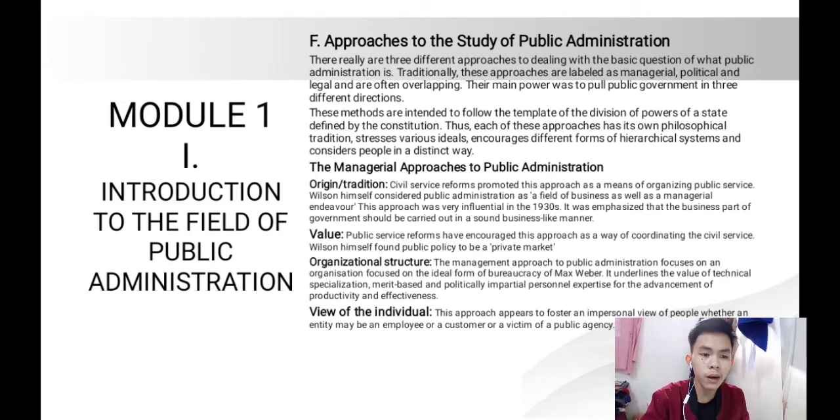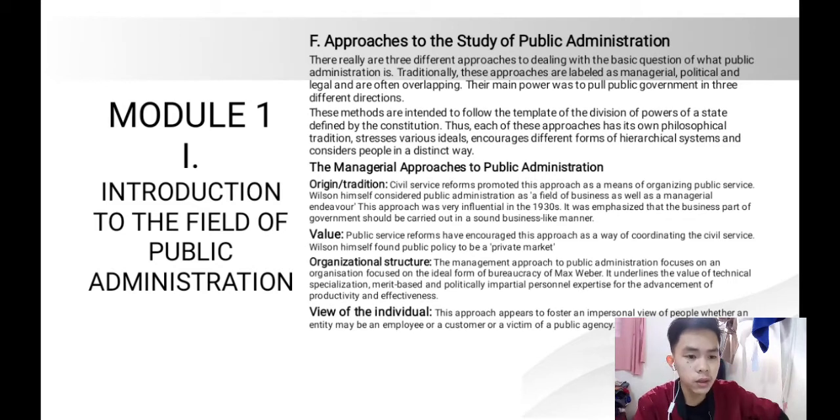Talking about the origin and traditions of the managerial approach to public administration, civil service reforms promoted this approach as a means of organizing public services. Wilson himself considered public administration as a field of business as well as a managerial endeavor. This approach was very influential in the 1930s.